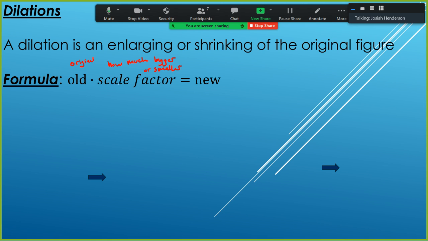Usually scale factor is called K. I don't know why, but for some reason in all the math textbooks I've ever used, it's always called K. So here's a smaller version of our formula you can use. Old figure times K equals the new figure.